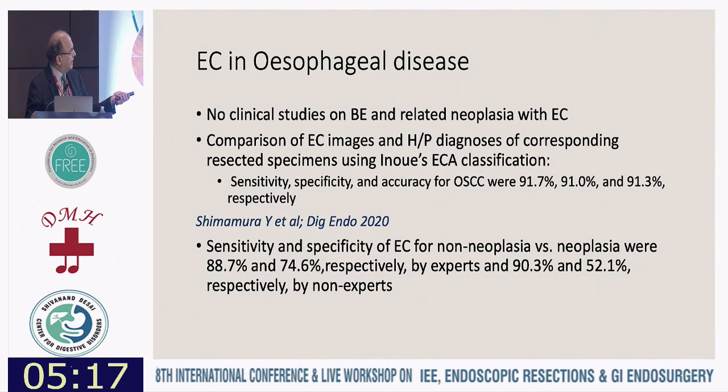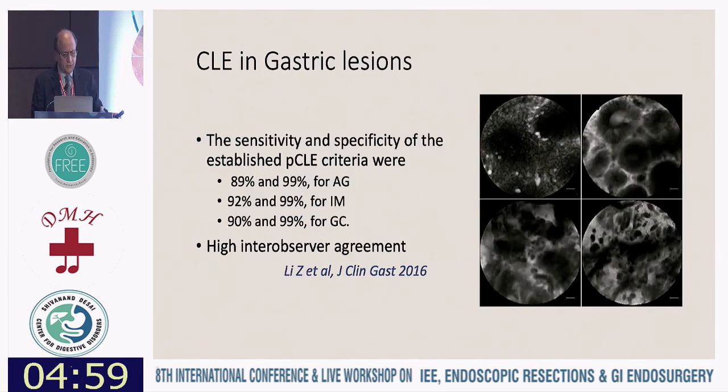It's on biopsy specimens. And sensitivity and specificity of EC on non-neoplasia and neoplasia was again high amongst experts, but not so by people who started using it early. So not a very useful tool there too.